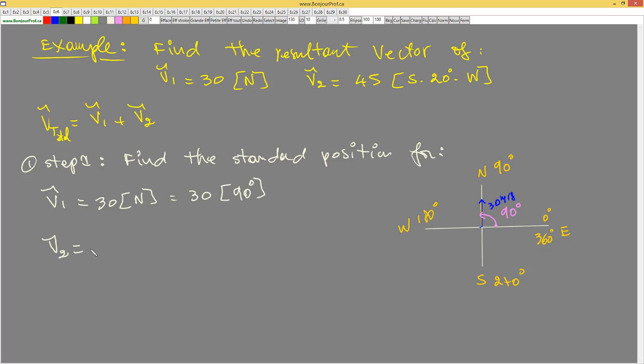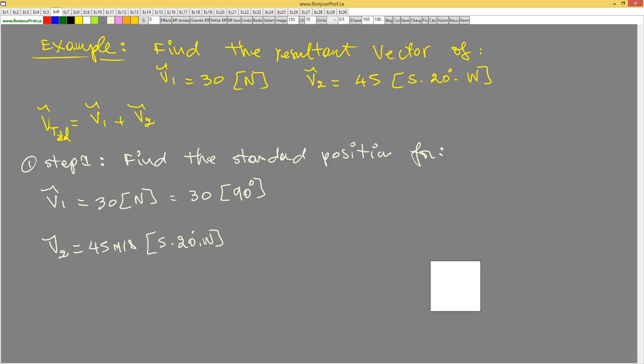So we have to find the standard position for the other vector. The other vector is what? 45 meters per second because this is velocity. And we have south 20 degrees west. And this is what we have here.